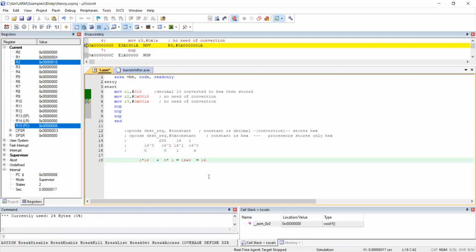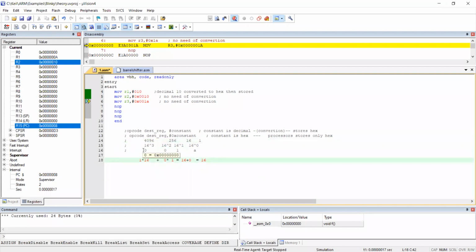Any doubts? You can please ask in the chat box. 0 0 1 A. So calculate. See, this value will be 4096. Okay.